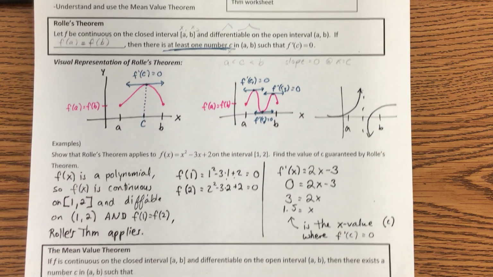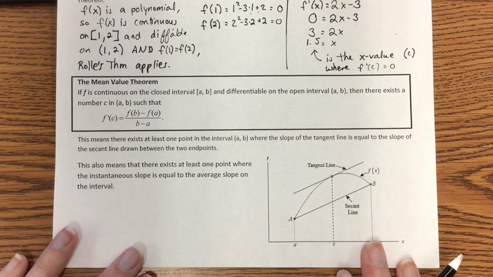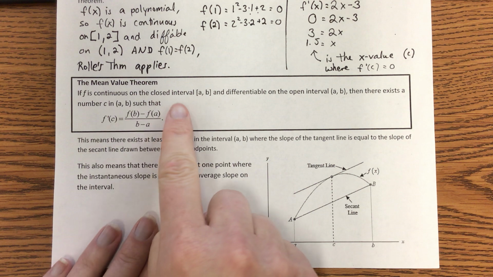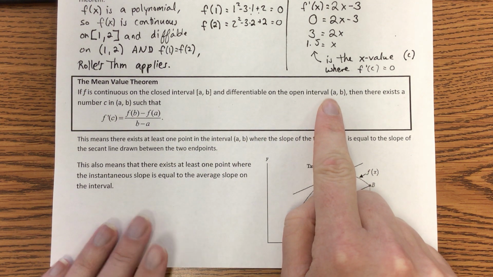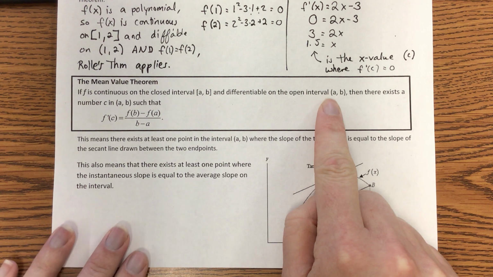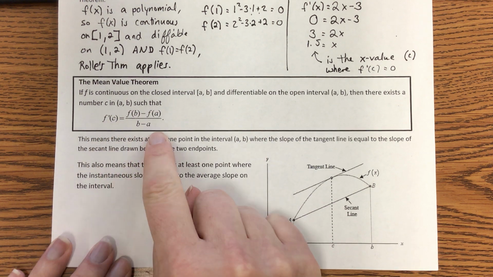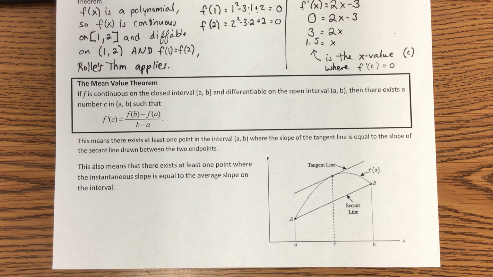The mean value theorem is a more generalized version of Rolle's theorem. We still need to make sure that f is continuous on the closed interval and differentiable on the open interval. As long as that stuff is true, then there exists a number c in a to b such that f prime of c equals f of b minus f of a over b minus a.